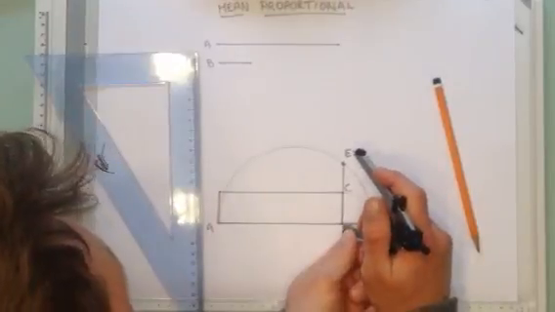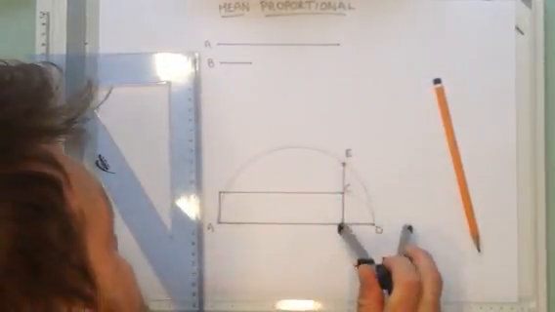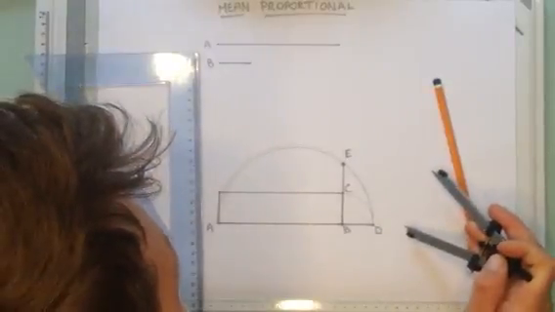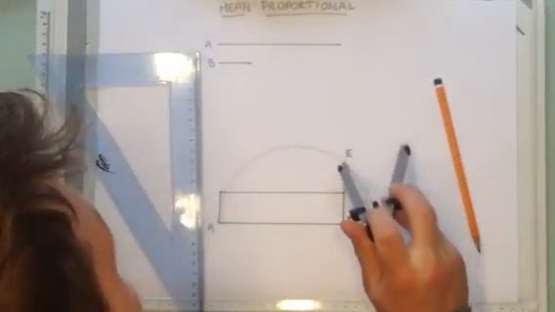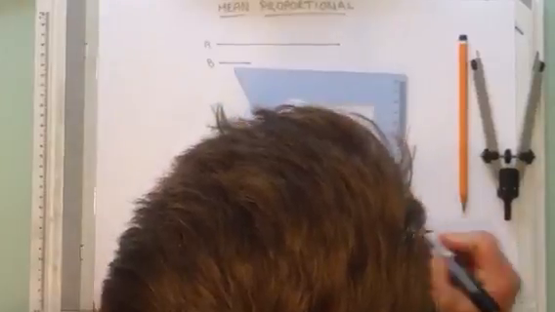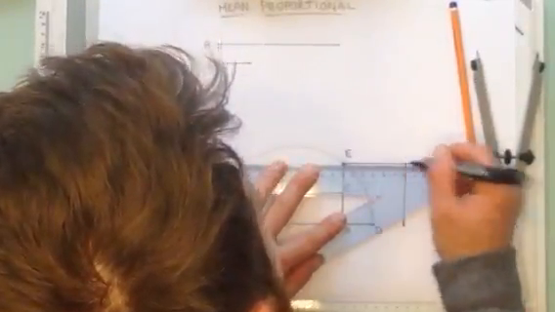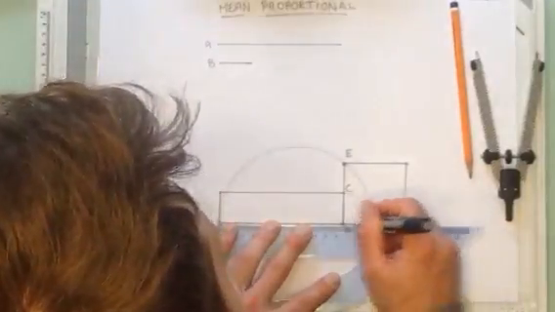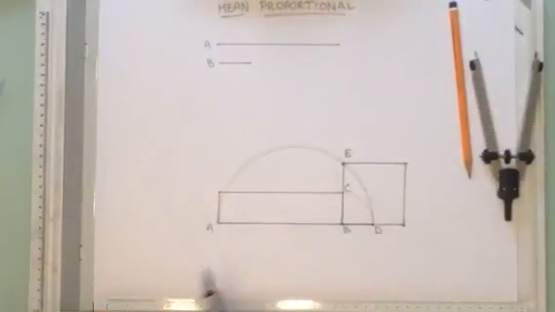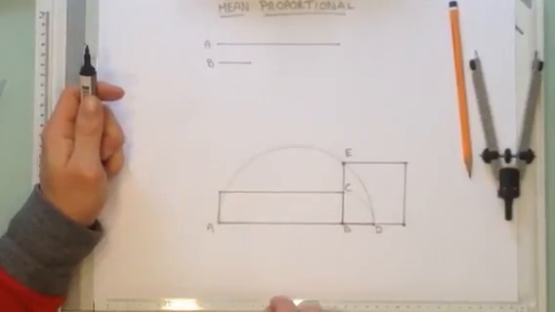So if I get my compass, I can easily draw out a square. So here I have a square of equal area to my rectangle.